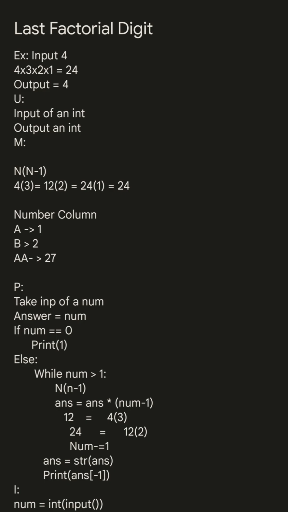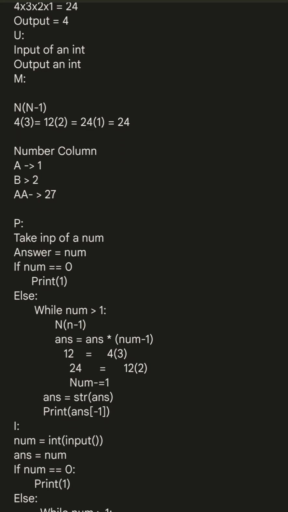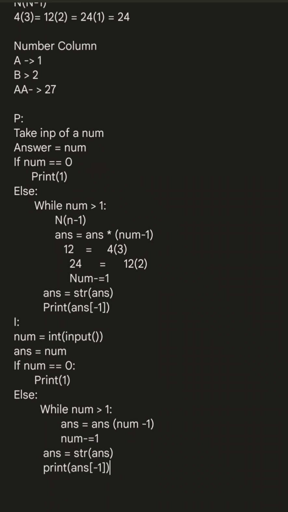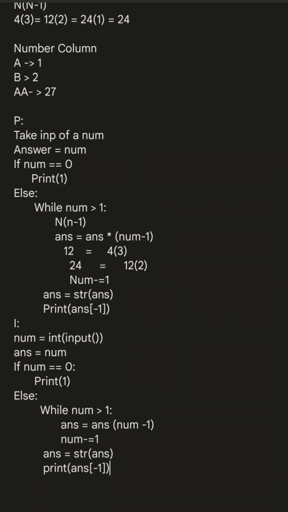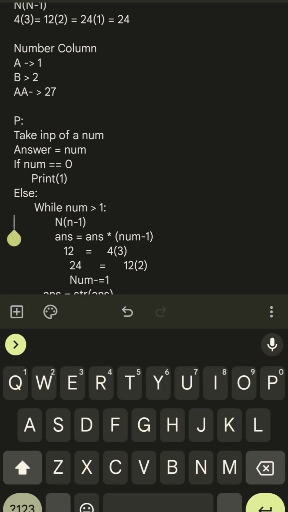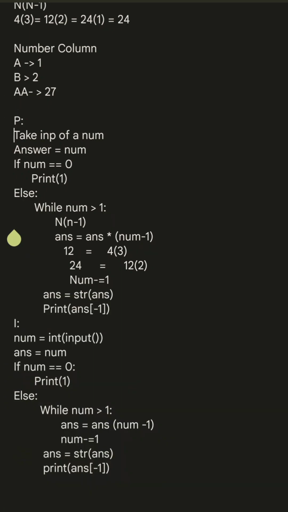Looking at it through the different stages, I think the main parts we're looking at are our planning and our implementation. So just to recap, in the planning portion, we take an input, declare answer equal to number, and then we start going through.